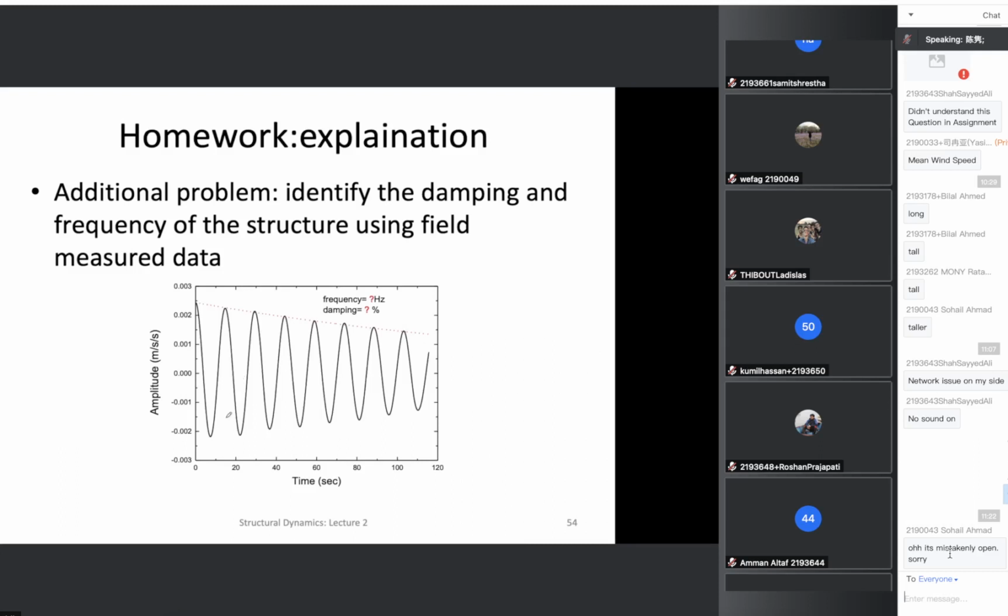You can open it in Excel, MATLAB, or other software. It's a standard data form. The first column is time in seconds. The other column is acceleration in meters per second squared. So you need to use that to determine the natural frequency and the damping ratio of the structure.